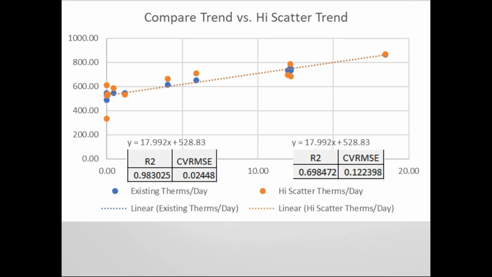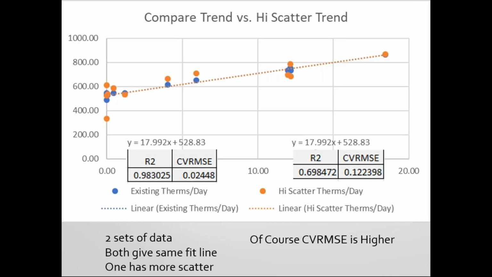I have two sets of data, both same fit line. One has more scatter. Of course, the CVRMSE is higher because that's a measure of scatter. But the R squared is lower. That's interesting to me, at least.